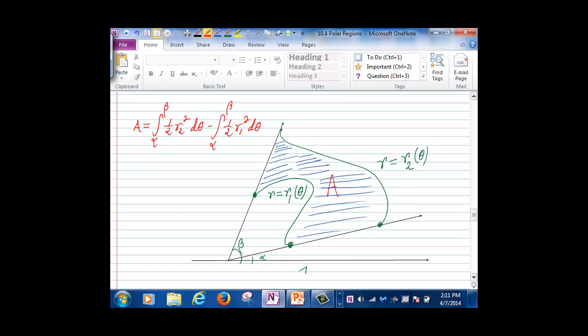So the area bounded by the graphs of R1 and R2 of theta and the two rays at alpha and beta is given by this formula.